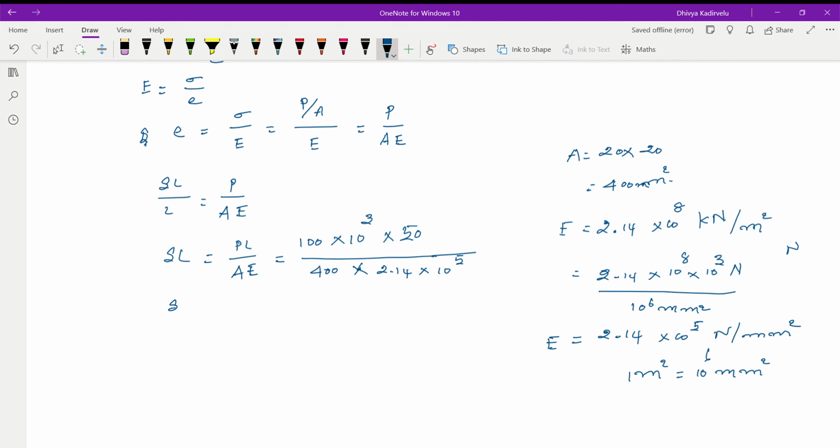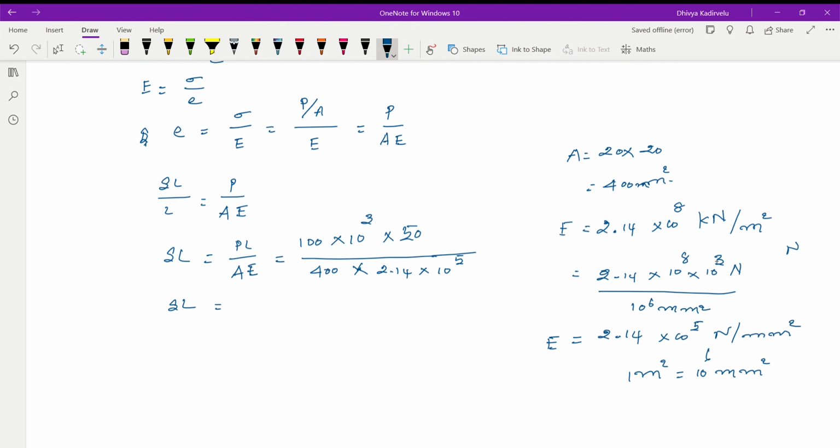So change in length is a dimension, so you will get a value in terms of millimeter, right? So let us calculate and find the change in length or decrease in length, otherwise shortening in length. Okay, so what are the values? 100 into 10 power 3, or you can just say 1000 multiplied by 50 divided by 400 multiplied by 2.14 multiplied by 10 power 5.